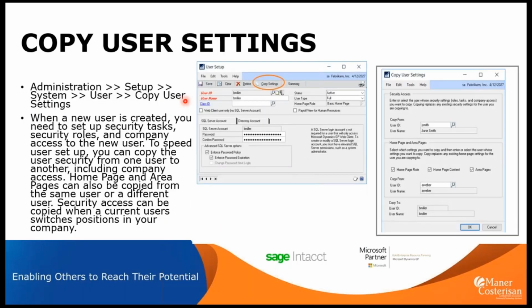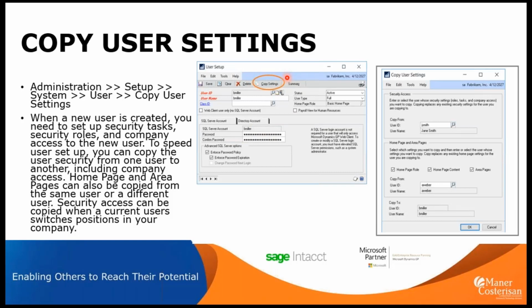In addition to copying and pasting distributions, when you're creating a new user, you can copy user settings, which makes it quite nice when someone replaces someone because they've retired or moved on to a new organization. You can create their user ID by entering their user ID, their name, a password, and then clicking copy settings.